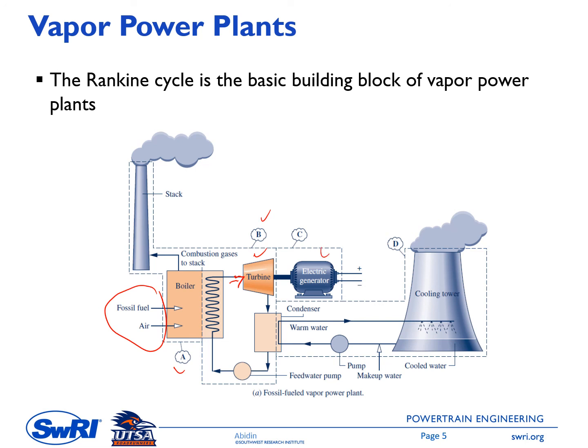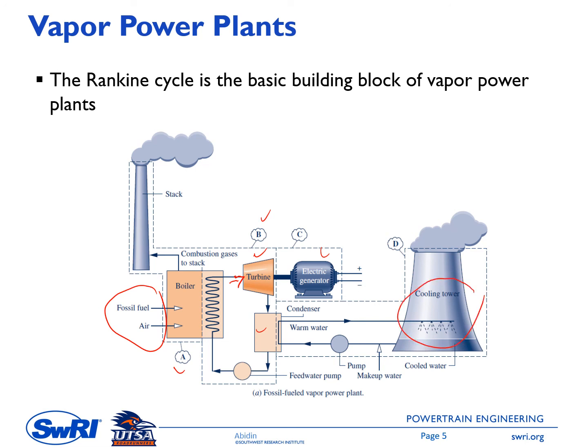And then the working fluid will flow to the condenser. In this condenser, the thermal energy is dumped out of the system. In this example, we use cooling water, which flows through the condenser, takes the thermal energy, and then flows out of the condenser and goes to the cooling tower.